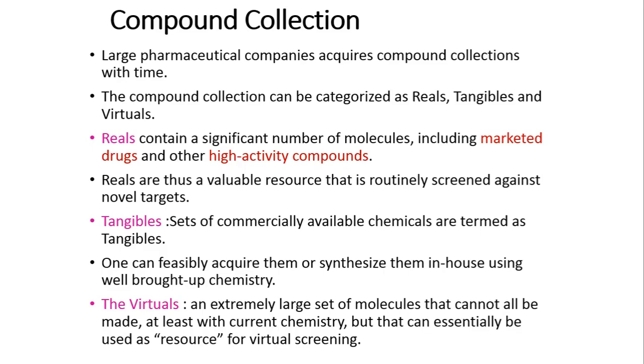Okay, so these are the three major types of compounds that are usually given in pharmaceutical compound collections: reals, tangibles, and virtuals.